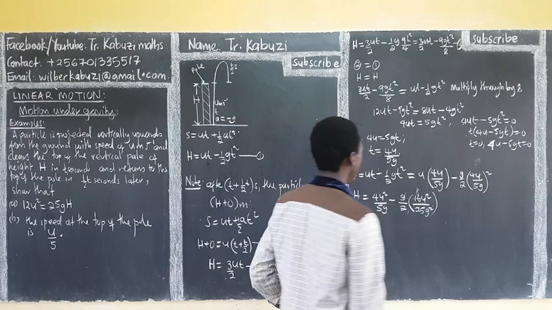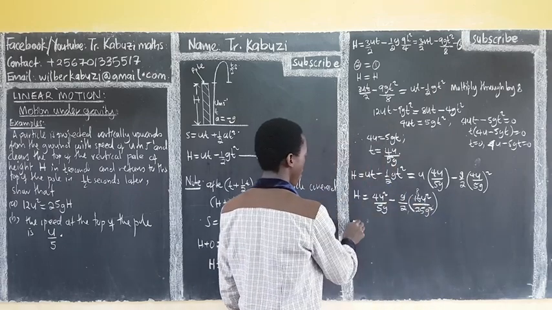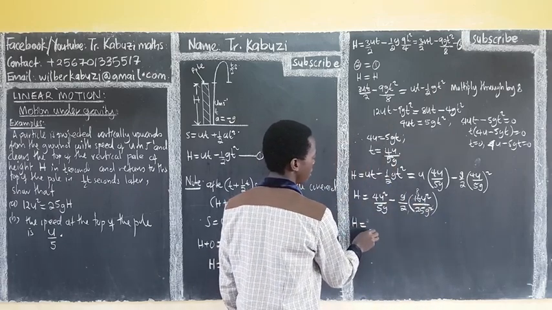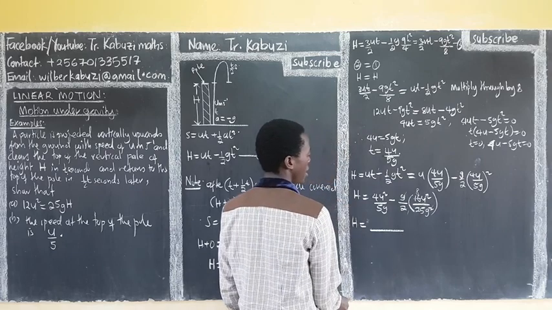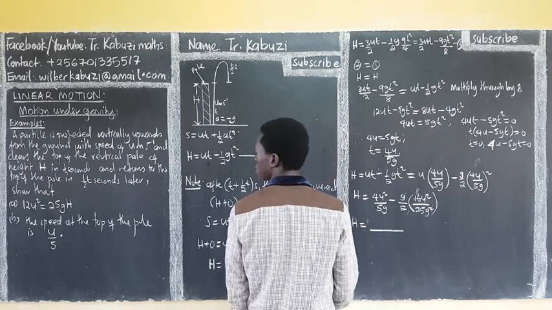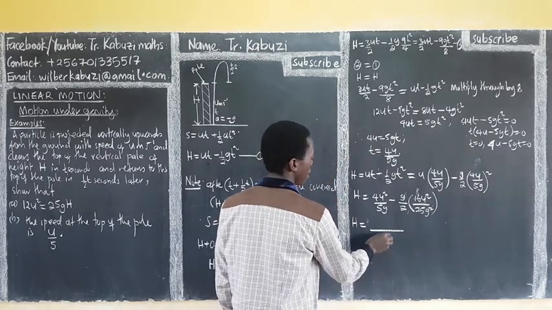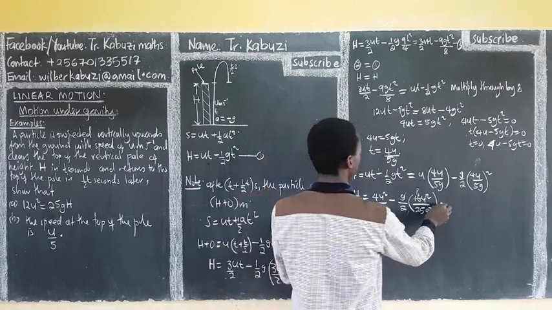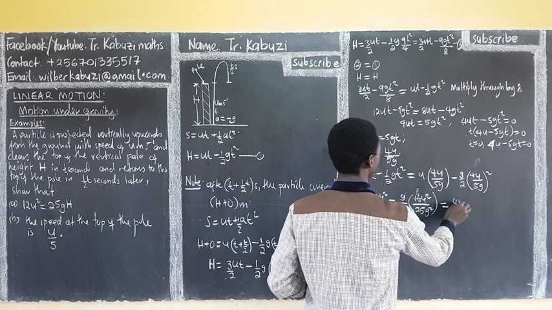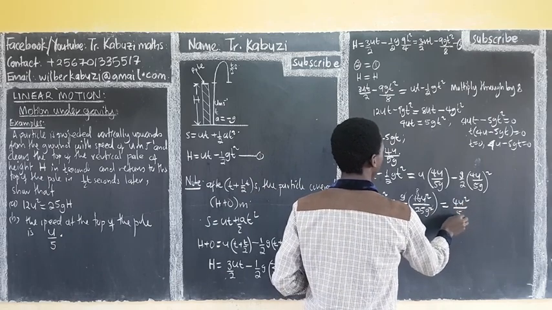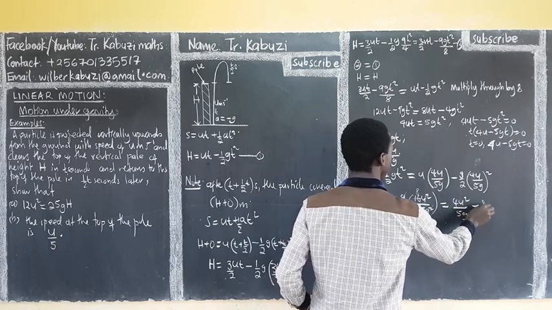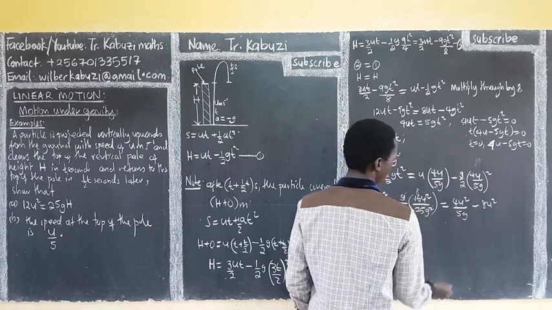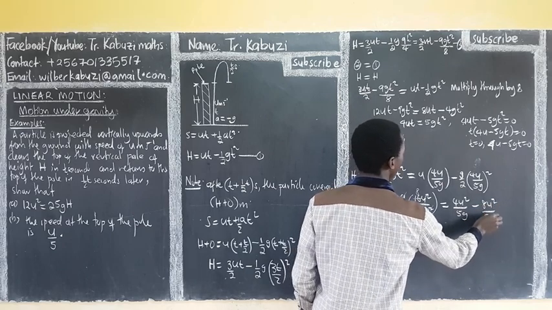So we start with the LCM. We are going to see that the LCM is going to be 25g. So over 5g, then minus 8u squared over 25g.